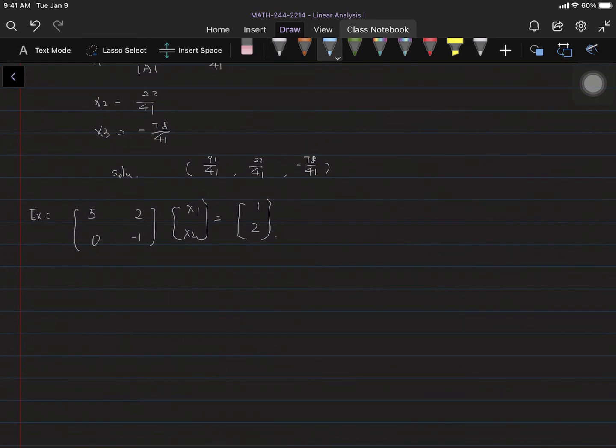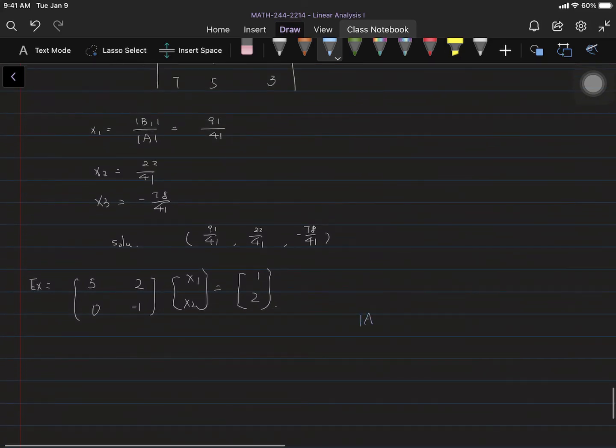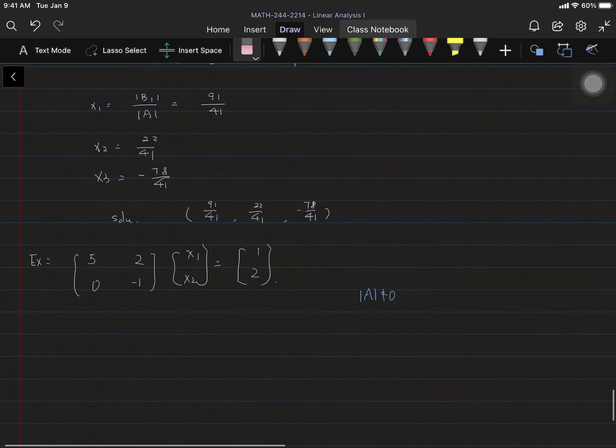Let's take a look. And be careful, the determinant cannot be 0, right? If it's 0, definitely there's no solution because it's going to divide by 0 in the denominator. That's impossible. So we have to have the determinant not be 0. Just be a little careful. And this determinant is negative 5.